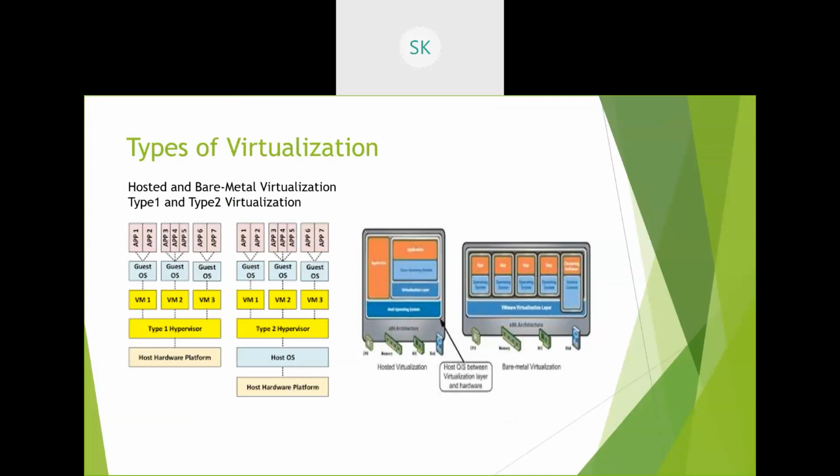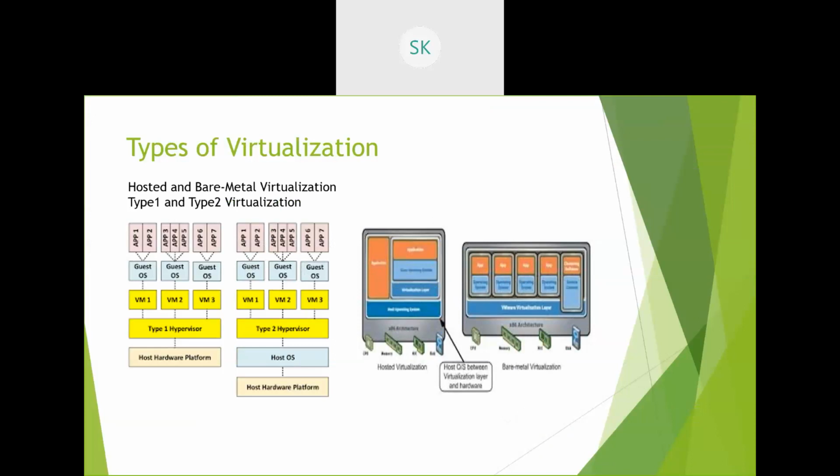So there are two types of virtualization concepts here. One is hosted architecture, another is bare metal architecture. Hosted architecture in the sense that if we are installing virtualization on top of any OS, generally I can use Windows 10 or any operating system, and on top of it I load a virtualization feature.